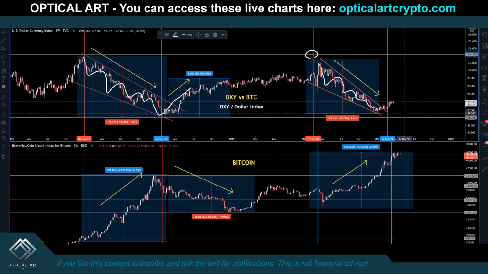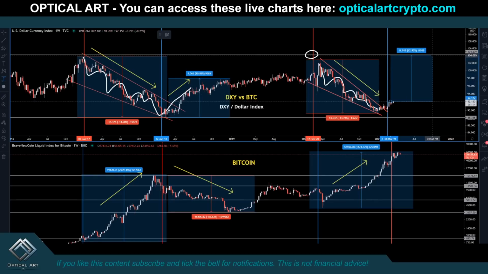But what I'm trying to point out is if the dollar pushes up 10% and Bitcoin comes down 83%. If we come up here and test this, the next resistance is above. But if we push up another potentially 12 points, almost 13%, the last time the dollar pushed up 11%, we had an 84% drop.